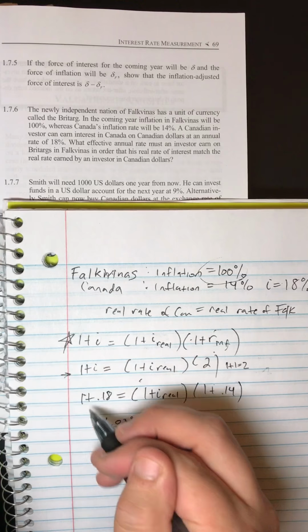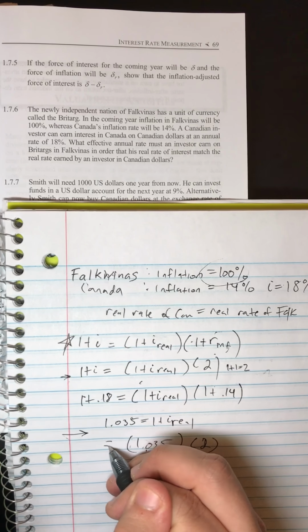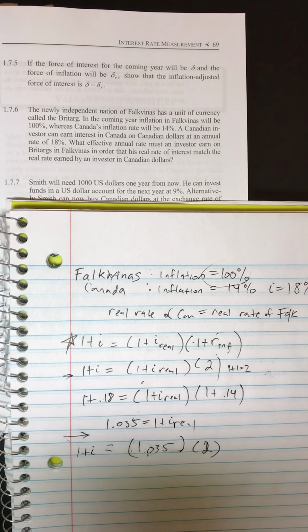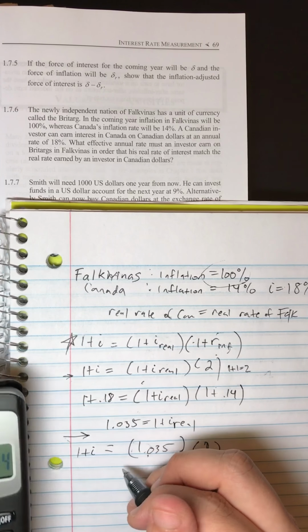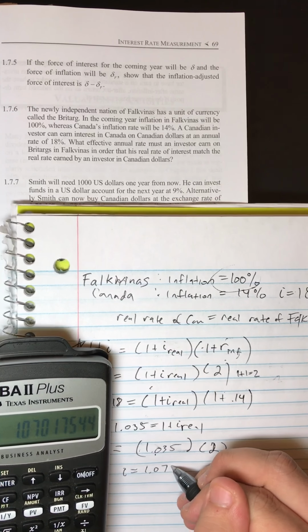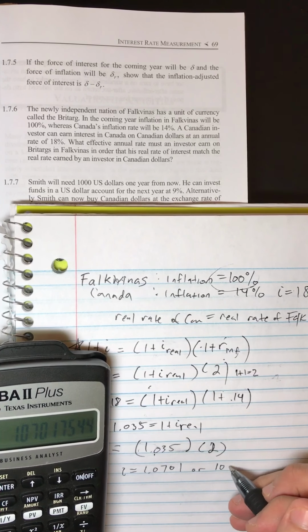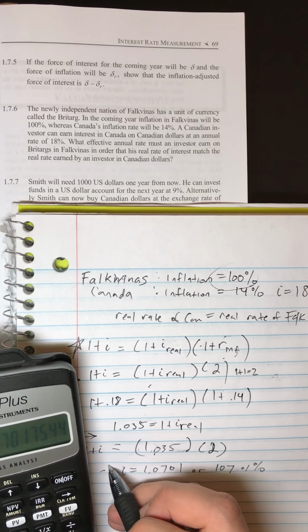We're going to use this equation back here, 1.035, and then now we can solve for 1 plus i. So if we do that, we get that i equals 1.0701, or 107-ish, 0.01%. And this is the right answer.